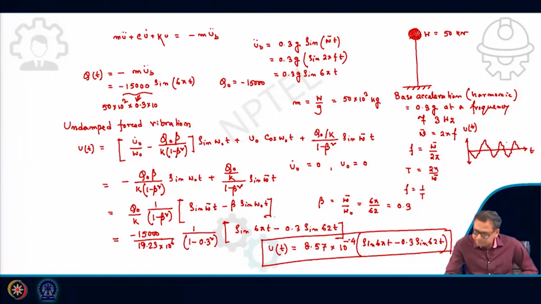From here you will also get the maximum value of u, that is u max. So you have the expression of displacement, you can draw this response, and from here you will get the maximum value.